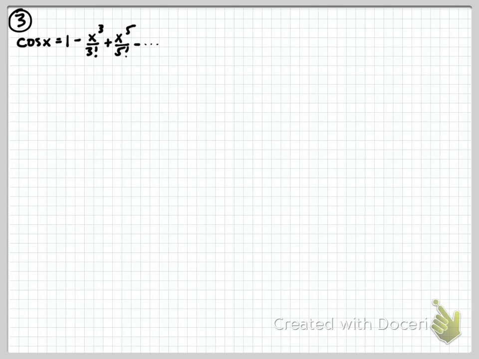Alright, so cosine of x is there, so that means the cosine of 2x is equal to 1 minus 2x quantity cubed over 3 factorial plus 2x to the 5th over 5 factorial, and so forth. Hopefully it doesn't take us past that, so it's to the 4th, 5th, 6th.